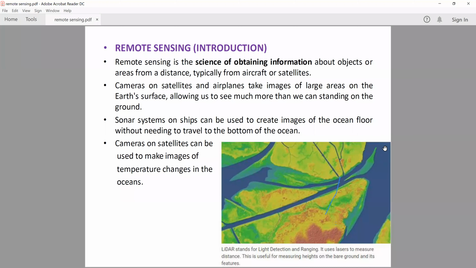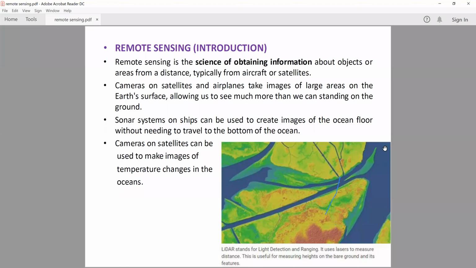So usually it is gathered from sensors and cameras mounted on aircrafts and satellites. That helps you to gather information from a distance, which increases your field of view. So you could say that usually it's used for more generalized information and not localized to a specific project.